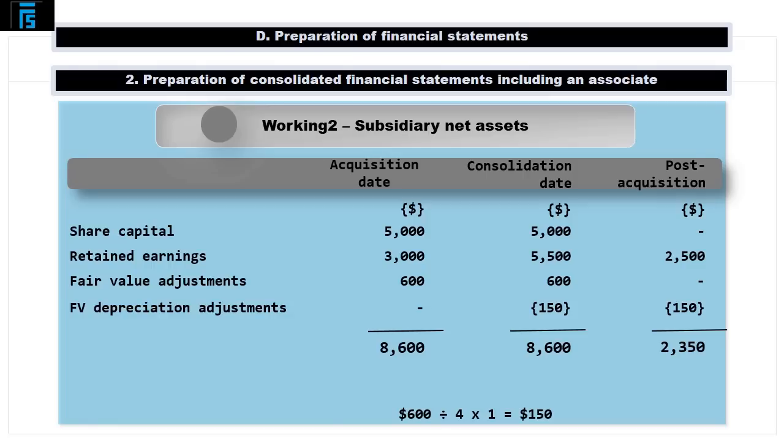Additionally, we will show the additional depreciation charge of minus 150, which needs to be recognized for the year past since the date of acquisition. The post-acquisition column therefore shows a net movement of 2,350.